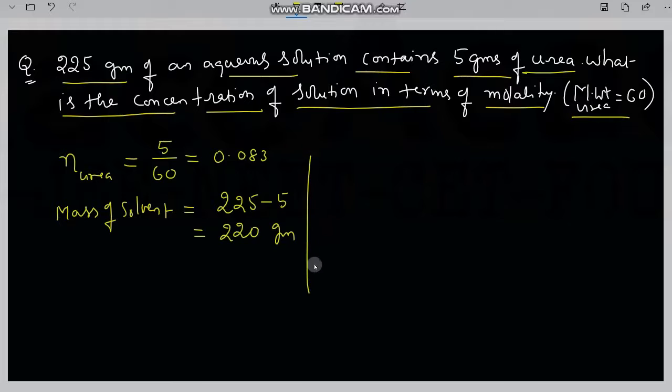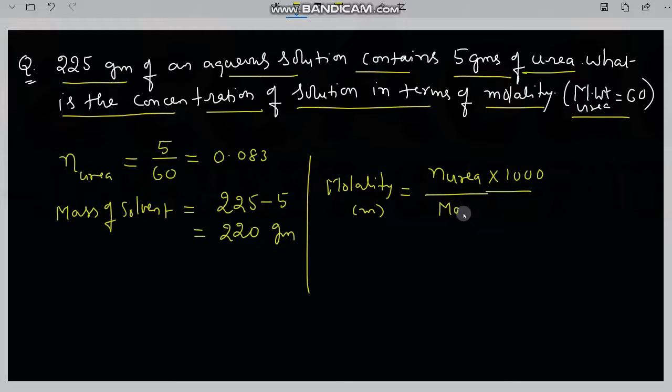Now we can easily find the molality of the solution. Molality formula: small m is equal to the number of moles of urea in this question into 1000, divided by the mass of solvent.